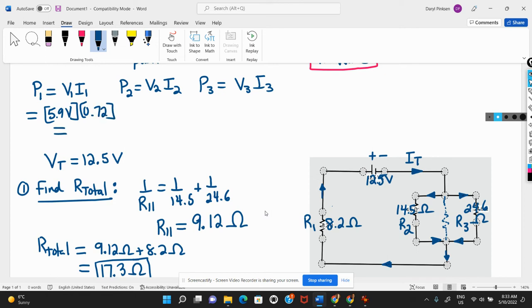So the power of my 8.2 ohm resistor, this is how much energy it's converting, 5.9 times 0.72 is 4.25. 4.25 watts. That's how much energy is.